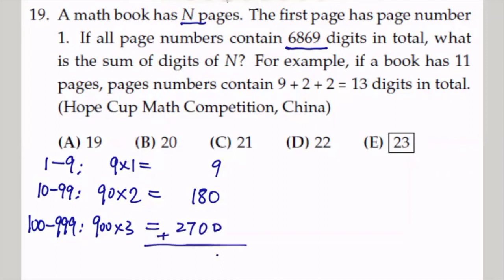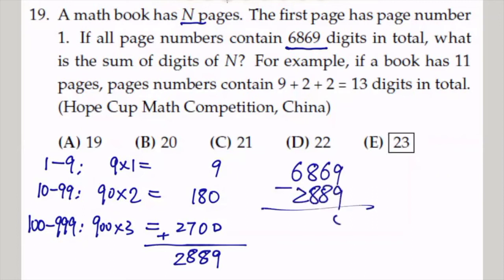We have 9 plus 180 plus 2700, which is 2889. How many more do we need? 6869 minus 2889 is 3980. And notice that in the next group, each page has 4 digits starting from 1000.